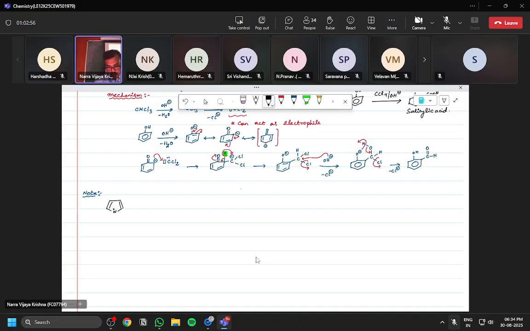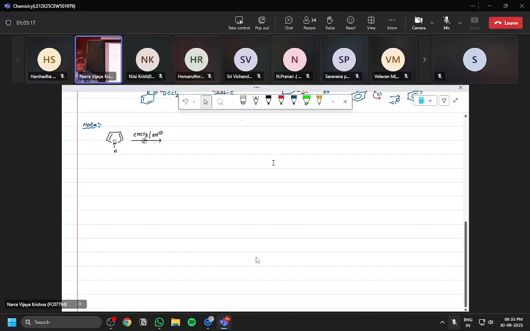Is it an aromatic compound or not? Pyrrole. Now, pyrrole is allowed to react with CHCl3, chloroform, in presence of base. Now, what should be the product? Pyrrole reacts with chloroform and base. What should be the major product?